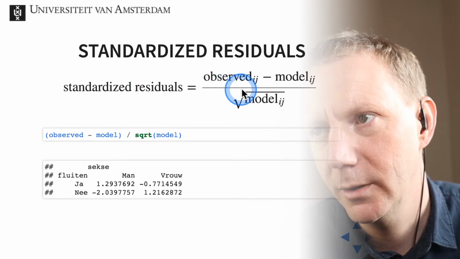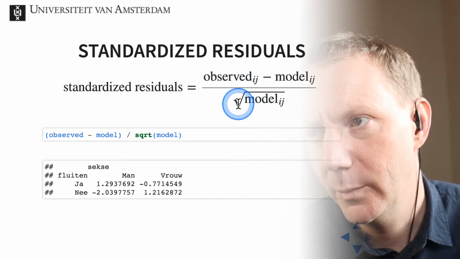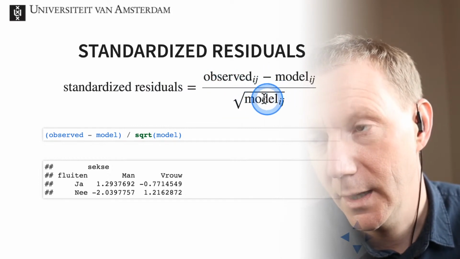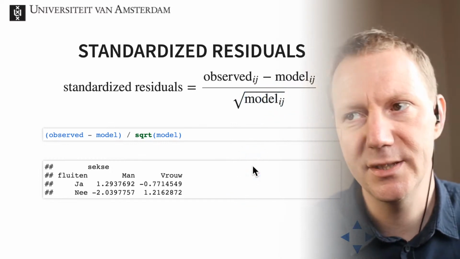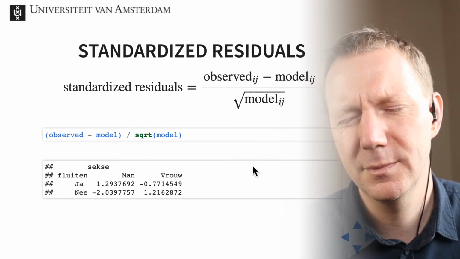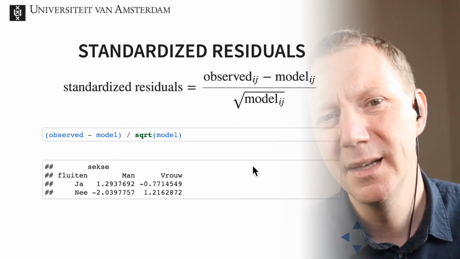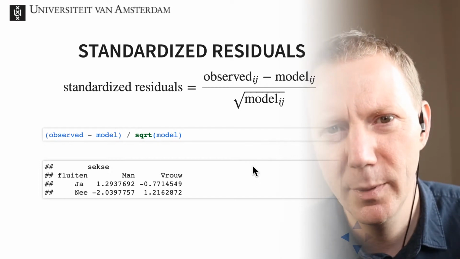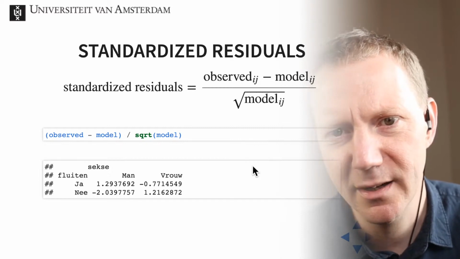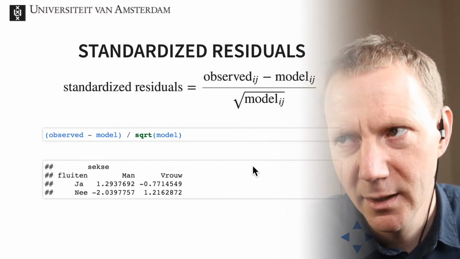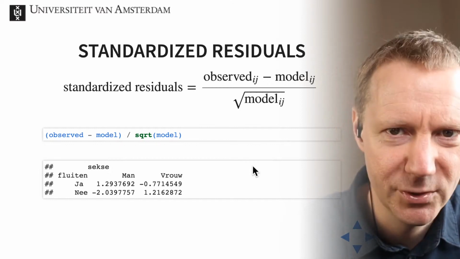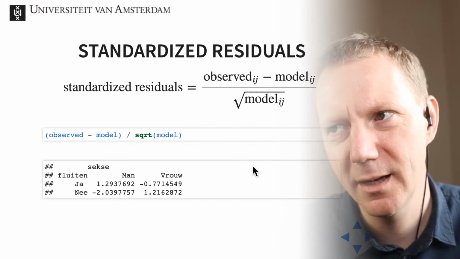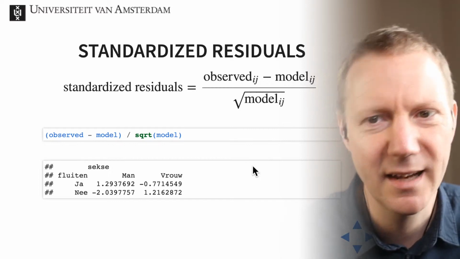As I stated earlier, if we divide this by the square root of the model, then we actually standardize. It's basically the same principle as default standardization, where you look at the difference between the actual scores and the means, subtract, and divide that by the standard deviation.